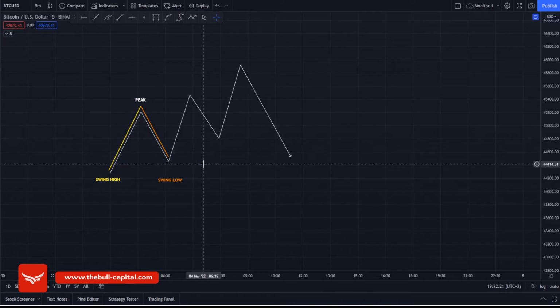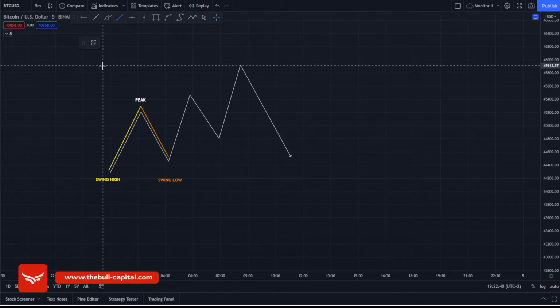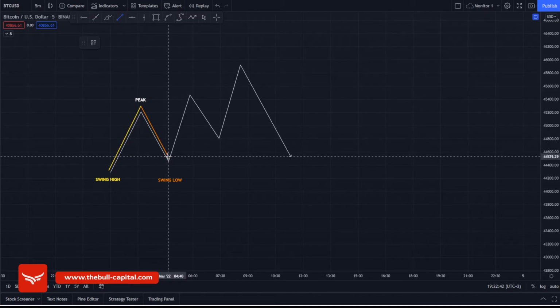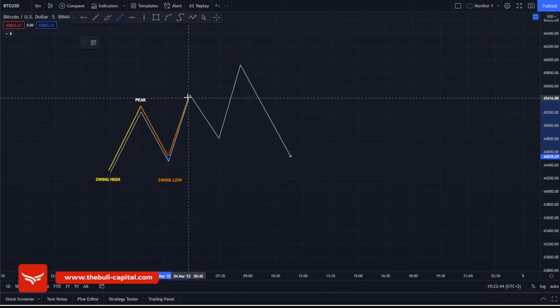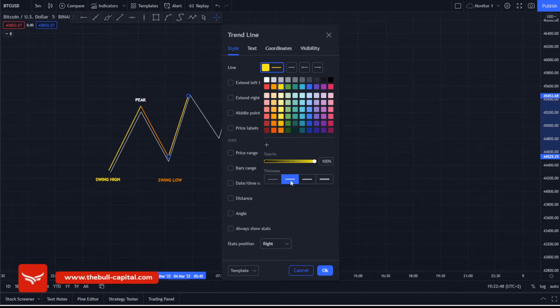Now at some point the price is gonna stop going lower, and when it stops, it will start to climb again, going higher, and now it's gonna create another swing high. Okay, change to yellow.